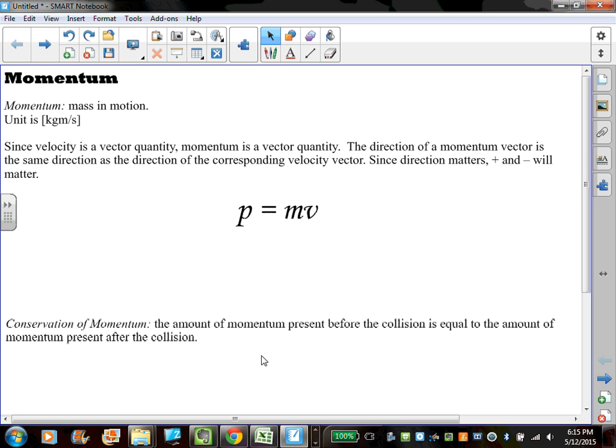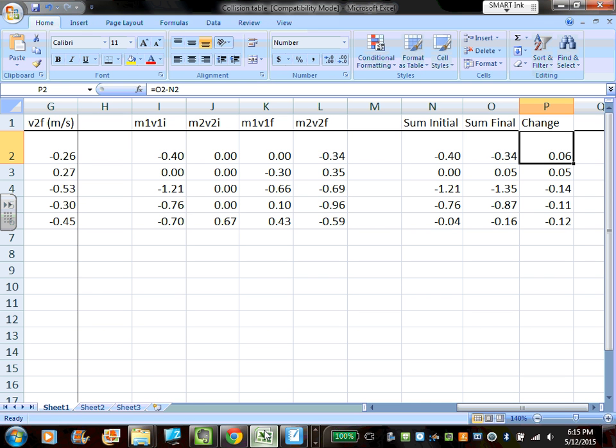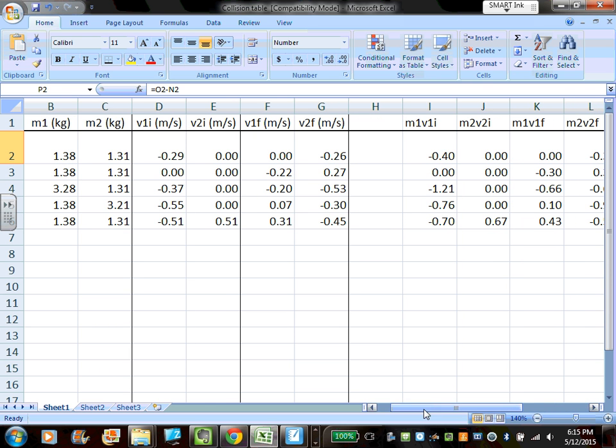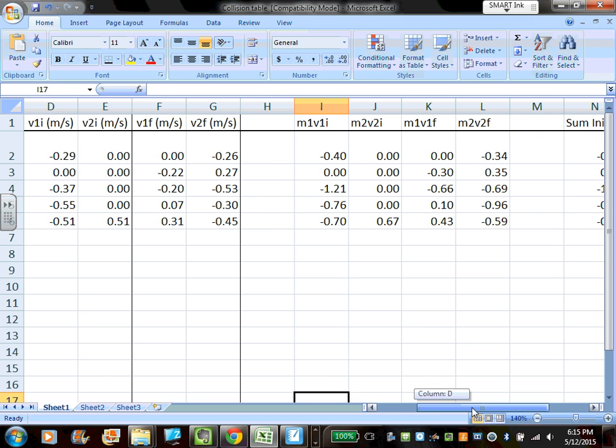Velocity is a vector quantity, okay? We know that direction matters for velocity, and we saw it in my table right here. The fact that sometimes I had negative velocities, and that was very, very important. Those negative velocities mattered. They were different than positive velocities, and that meant that my momentum, my mass in motion, was also going to be either positive or negative, and that matters.